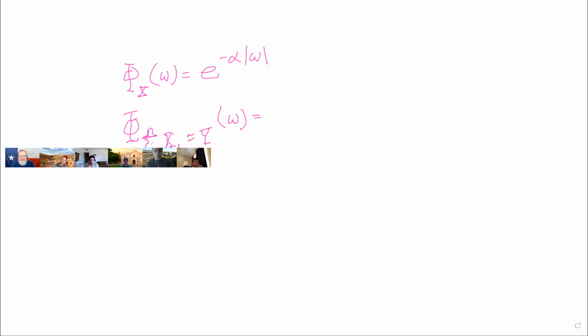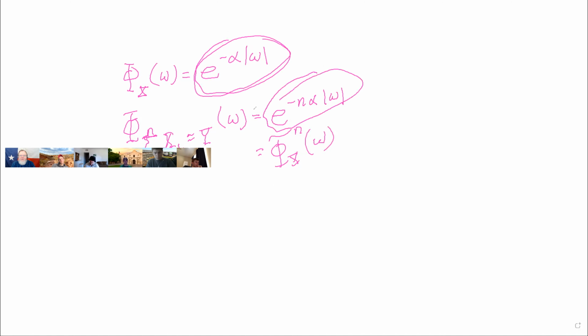Well, each time we add one, we multiply the characteristic function. So this is e to the minus n alpha times the absolute value of omega. In other words, it's equal to phi sub x raised to the nth power. So what is this? If this is a Cauchy with a parameter of alpha, then this is a Cauchy with a parameter of n alpha.